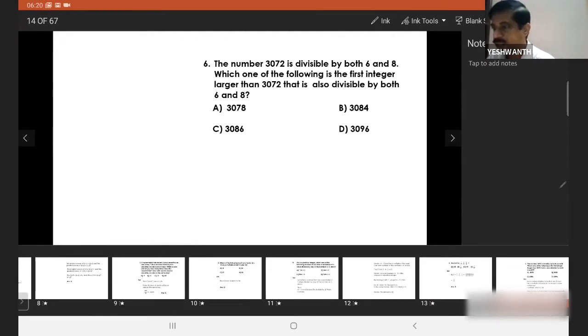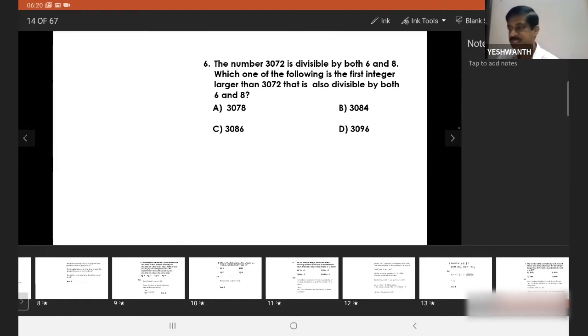The number 3072 is divisible by 6 and 8. Which one of the following is the first integer larger than 3072 that is also divisible by both 6 and 8?